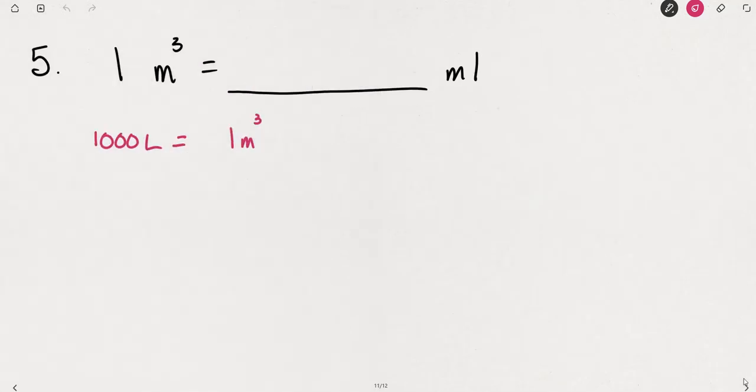Number 5, 1 cubic, I'm sorry, I said millimeter, it's a meter. 1 meter cubed, or a cubic meter.